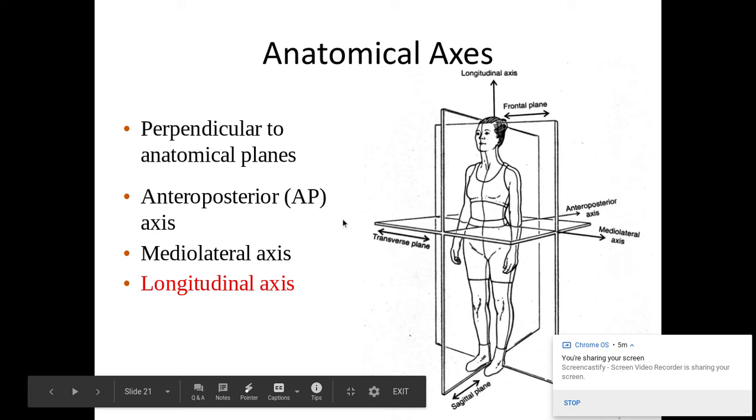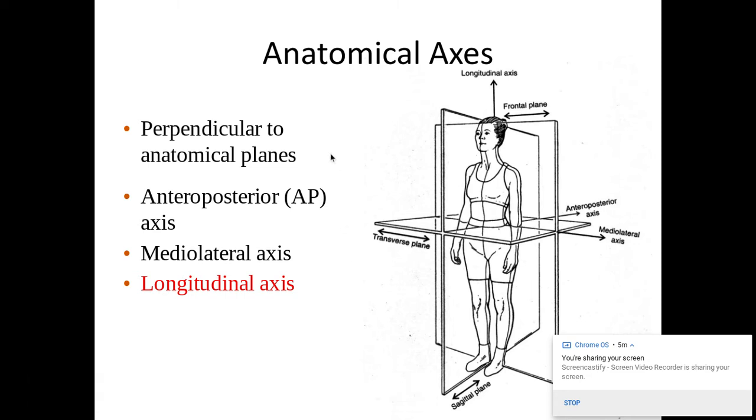You have these different axes that are basically where that motion occurs. Again, we're not going to focus too much on this, but just know that they are perpendicular to your planes. You have your anterior, posterior. I was talking about how you have your frontal plane. In order to split your body from front to back, you have to also understand the anatomical words for front and back of the body.